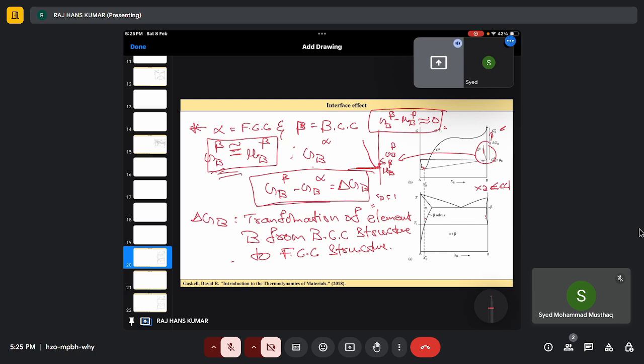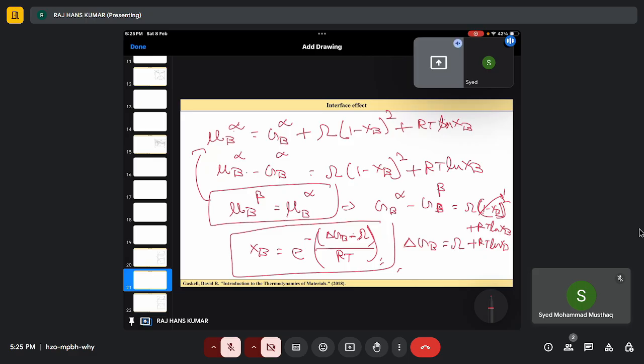And we also notated one transformation, which is GB beta minus GB alpha. So from there, I drew the chemical potential for B in alpha phase, right? From there, if two phases are in equilibrium, then any component's chemical potential must be the same in all the phases.